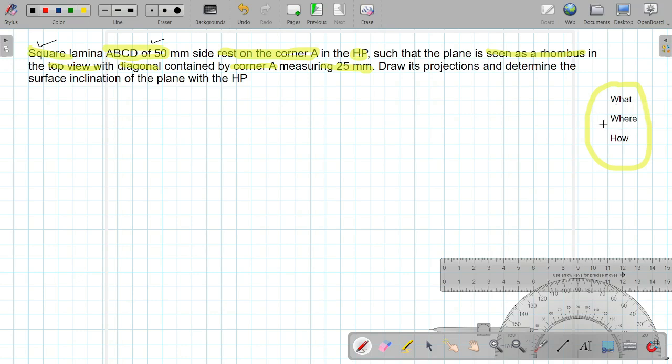Next question is where to draw. It is given that it is in HP. In HP means it will start from below the reference line. And how? It is given that it is resting on a corner. So that means we have to construct a square such that one of the corners comes on the right hand side. So let us start with the construction part now.